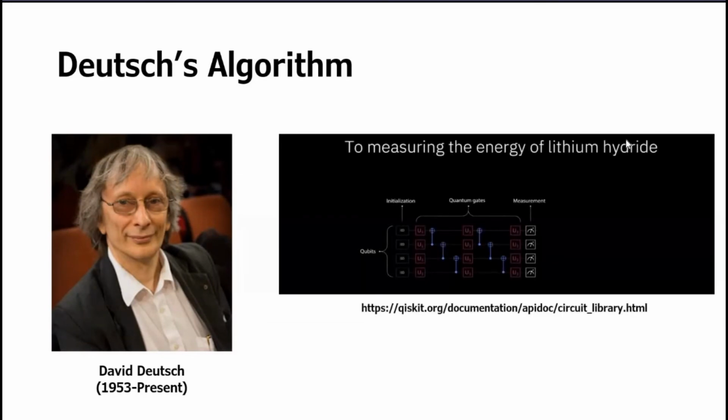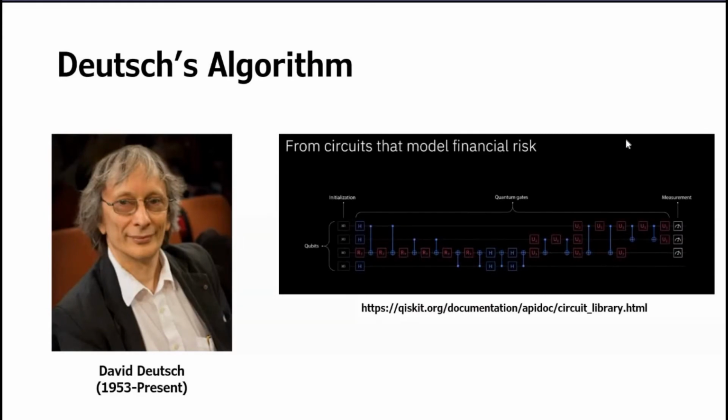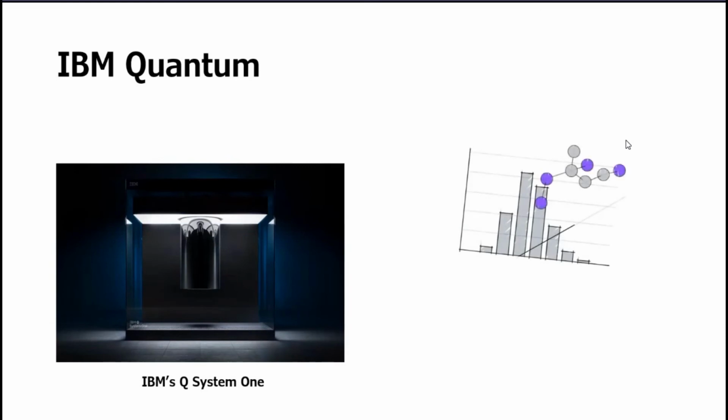IBM has a large library of circuits, with optimized algorithms for the stock market and machine learning available online. Since I'm an advocate for IBM Qiskit, I want to advertise some of its features. You can use the IBM quantum computer anywhere in the world. Let's say you want to program molecular behavior, make a vaccine, or optimize a portfolio for the stock market.